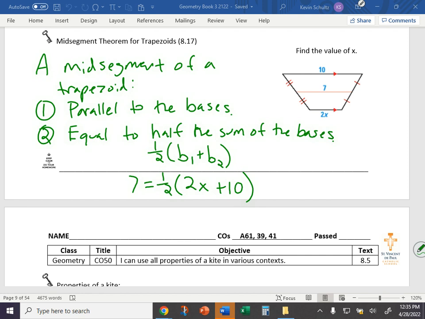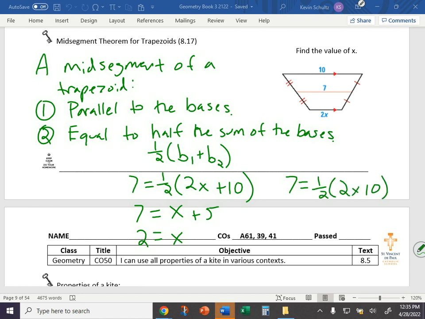One option is to distribute the 1/2 into the parentheses. That would give us half of 2x, which is x, and half of 10, which is 5. Then subtract 5 from both sides to get x by itself. We get a value of 2 for x. What would another algebraic option be? 7 equals 1/2 times (2x plus 10).